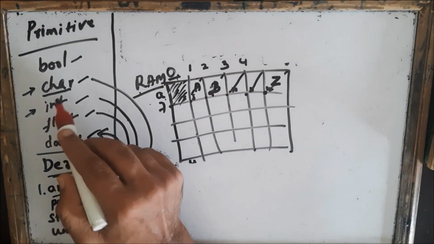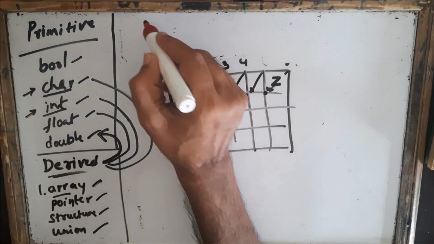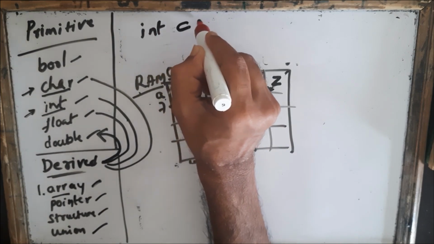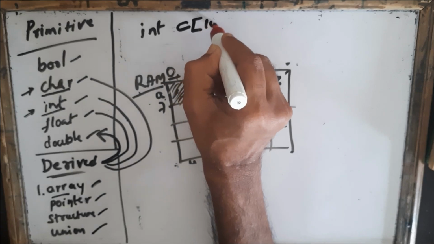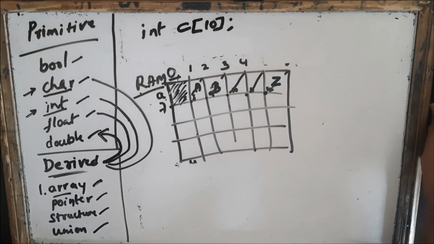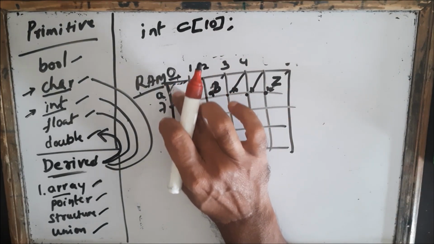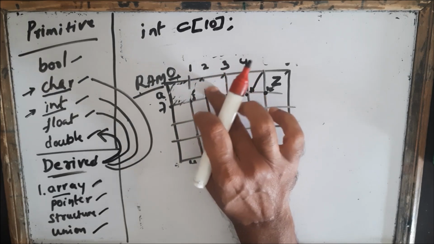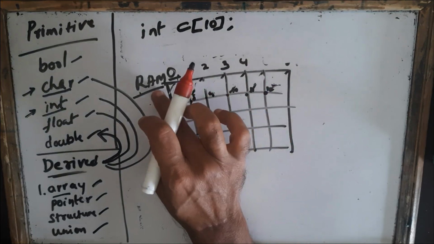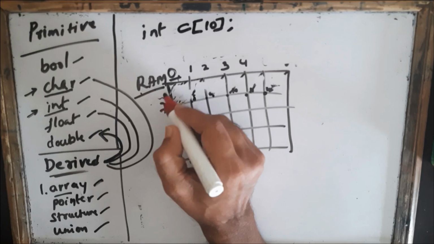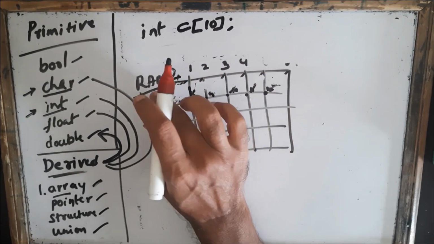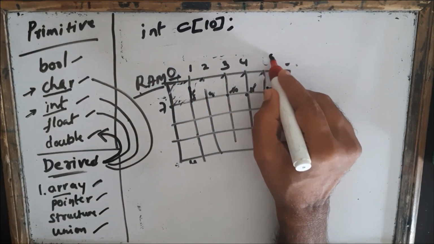So now, array of type integer. Integer C of 10. Here we just erase all our old content. Now, say for example, this is the RAM memory. We have all this memory available.